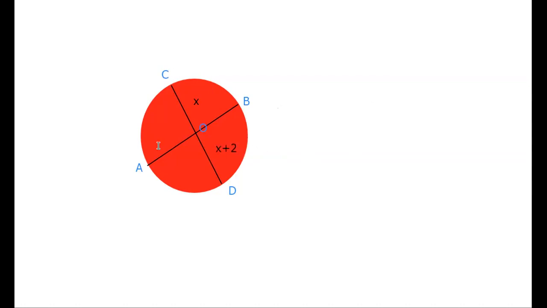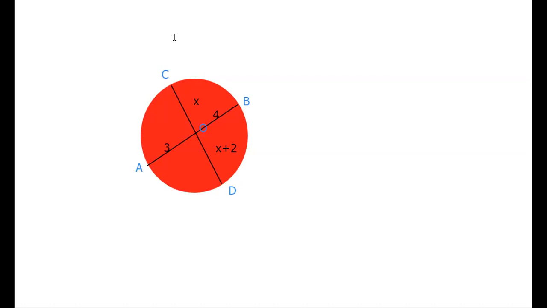The other side you have 3, and the other part at the top you have 4. Remember I said, if you have chords that intersect inside the circle, AO multiplied by OB is the same as CO multiplied by OD. Remember, this is for the case where they intersect inside the circle.